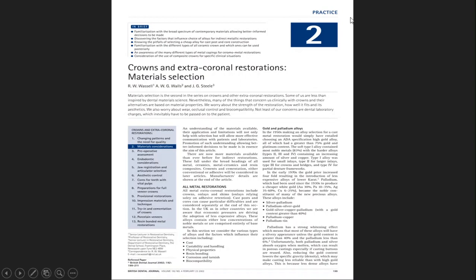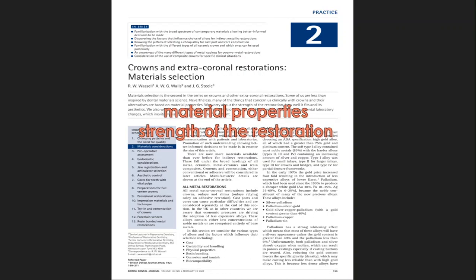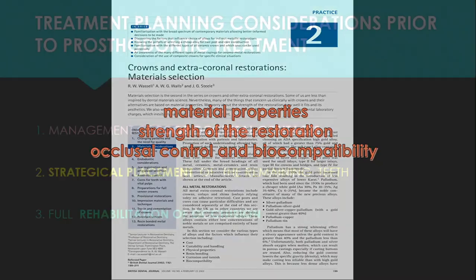Let's look at this article regarding extracoronal restorations and crowns. Major components for a successful crown would be to look at the material properties and the strength of the restoration. But this article also shares with us that occlusal control and biocompatibility are essential components.